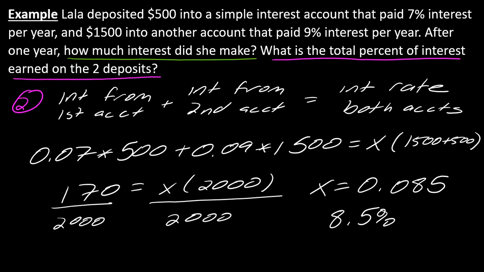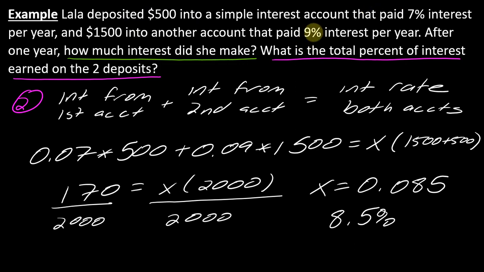Okay, so I want to also just mention here that this actually makes sense, and why does this work, or how do you have an intuition if it's right? So 9% was the higher interest amount, and that was used on more money, right? And then $500 was on the lower interest amount.